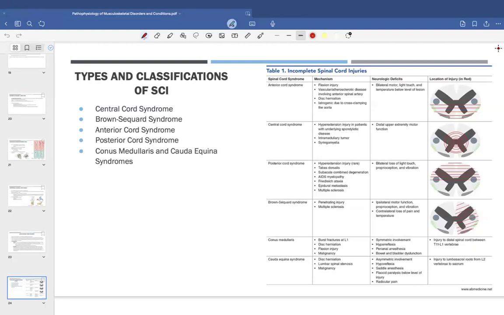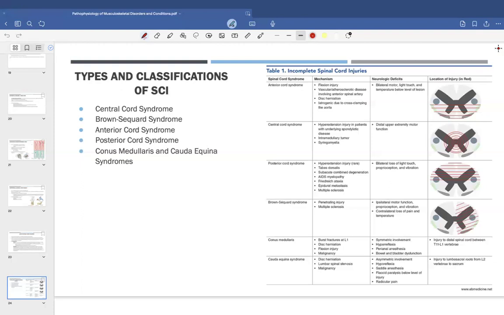As you move up to the conus medullaris, this is really kind of the terminal endpoint of the spinal cord where it branches out into the cauda equina. And so this tends to be more symmetric involvement because it's right at the origin of the tail. Okay? And so these patients often will have hyperreflexia, some numbness around the anus, as well as bowel and bladder dysfunction.